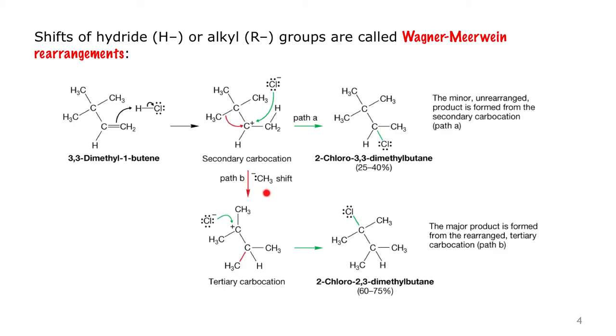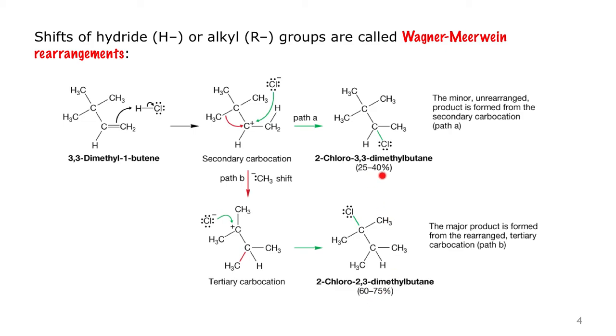This is essentially a methyl anion shift, and again produces a tertiary carbocation. This alkyl shift is an intramolecular process, so it's much more rapid than the intermolecular interaction between chloride ion and carbocation. And so we generate a significant concentration of the tertiary carbocation, and its reaction leads to the major product.